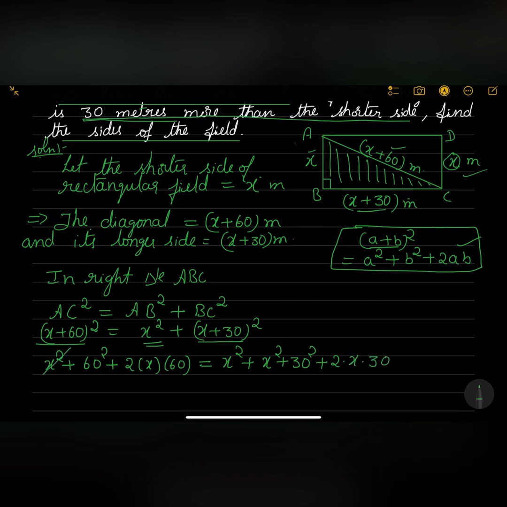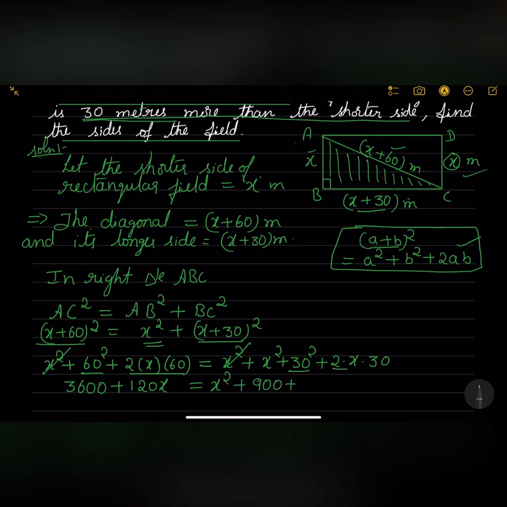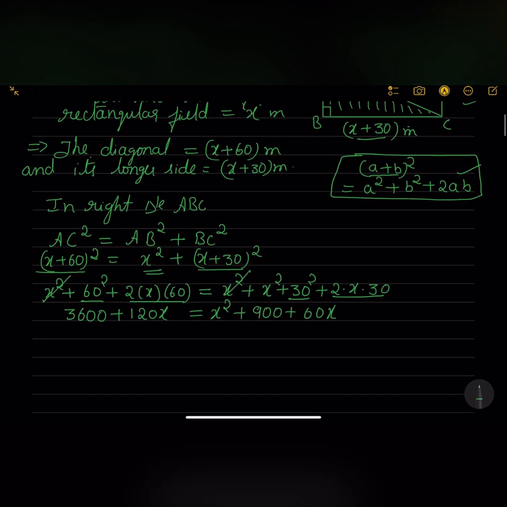Now on the LHS x squared and on the RHS x squared, we can cut. And 60 squared is nothing but 3600, plus if you multiply 60 by 2 into x, it will be 120x, is equal to x squared, plus 30 squared is nothing but 900, plus this is 60x. We will shift the LHS to the RHS.